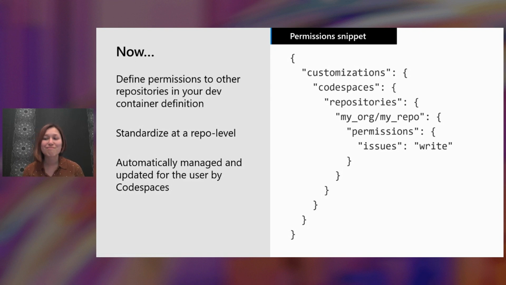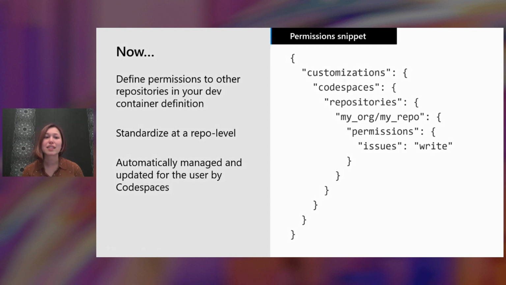And so this way, you're not having individual team members figure out exactly what their personal access token should do. Instead, you codify this into your project so that everyone benefits from the standard configuration and can authorize the permissions that that particular project needs in order to run and be developed in.